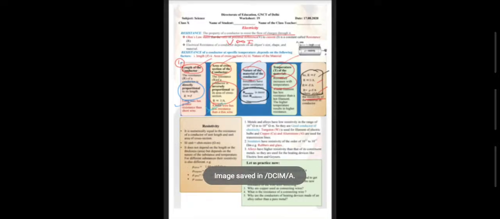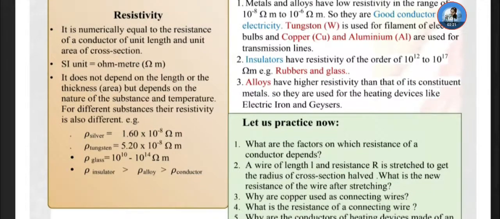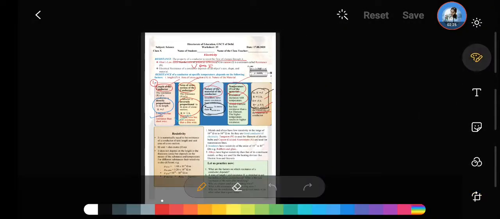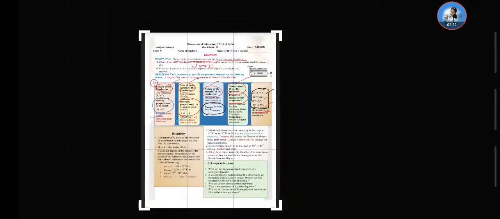Now let's move on to resistivity. What is resistivity, students? Resistivity is numerically equal to the resistance of a conductor of unit length and unit area of cross section. And what is the unit of resistivity? The unit of resistivity is ohm meter.